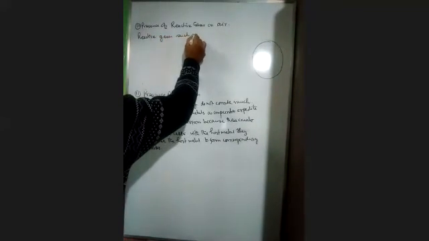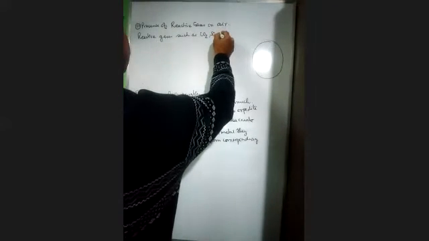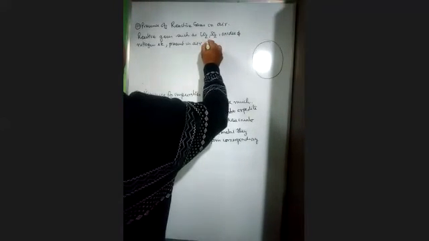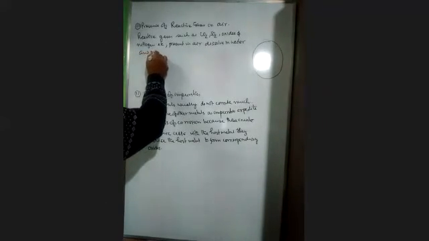Reactive gases such as carbon dioxide, sulfur dioxide, oxides of nitrogen, etc. present in air dissolve in water and produce acids.